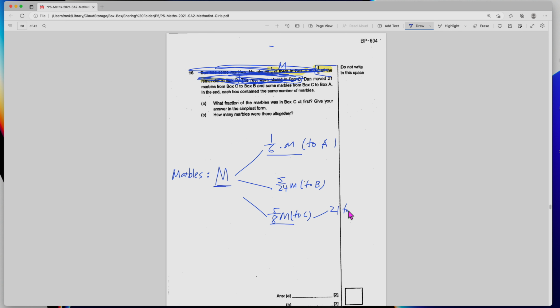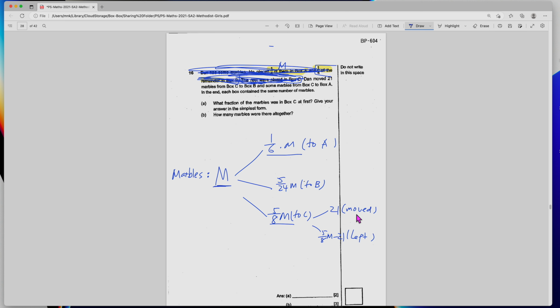So when you move 21, how much is left? 5 over 8M minus 21. Okay, so this is the C left.